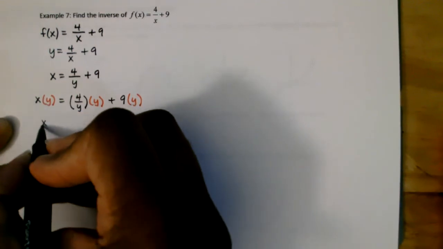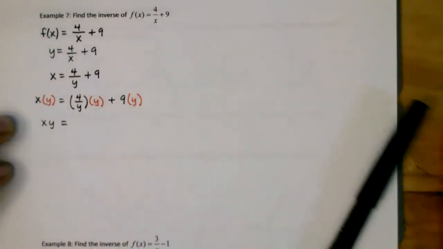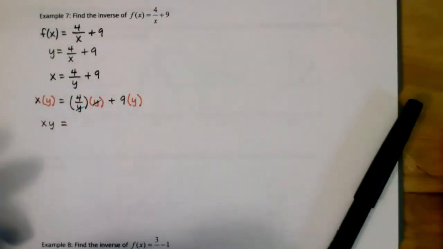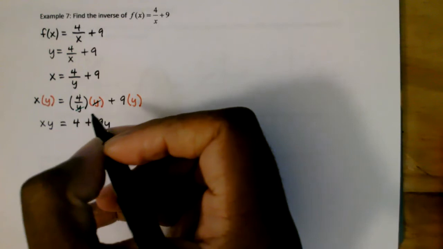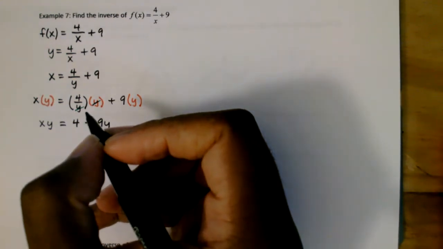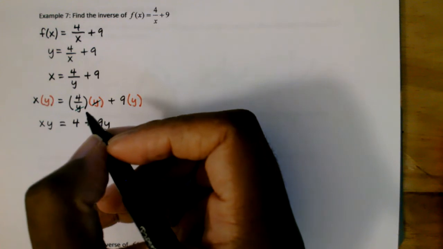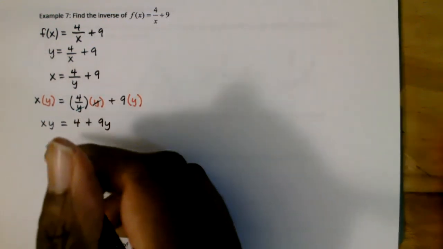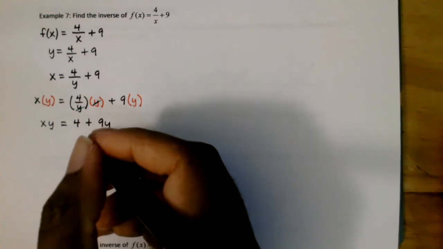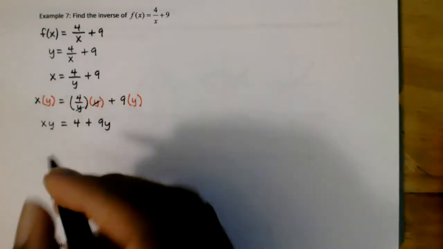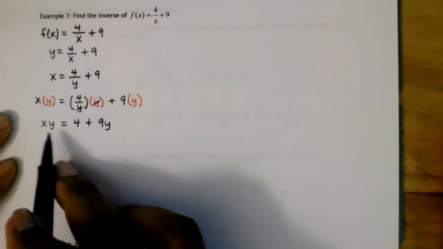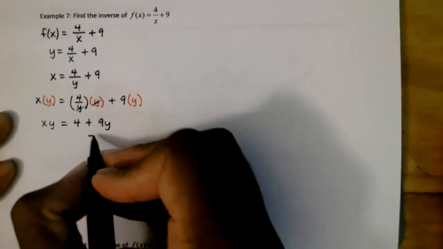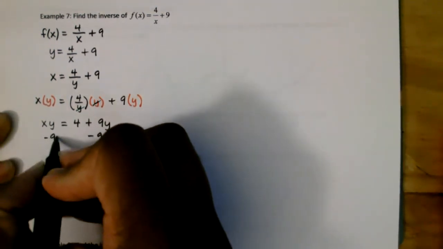So on the left side, I'm going to have x times y. And in this case here, these y's divide out for 4 over y times y. I'll have a 4 here plus 9y. All right, the next step is to move the 9y over to where the xy is by subtracting 9y on both sides.